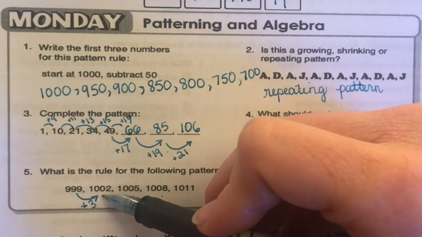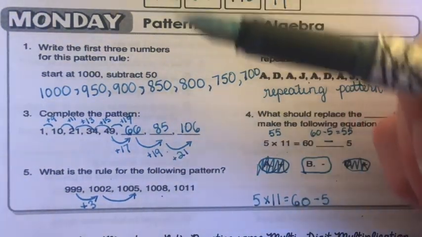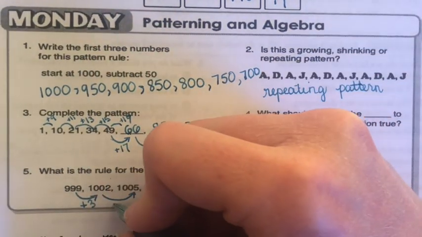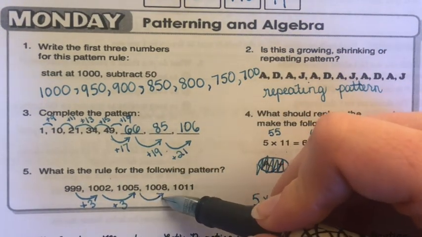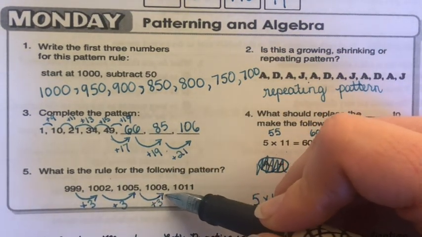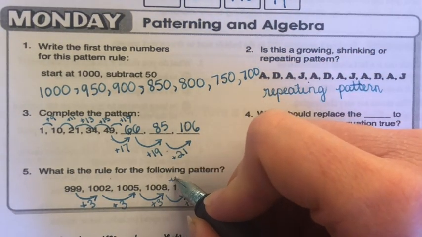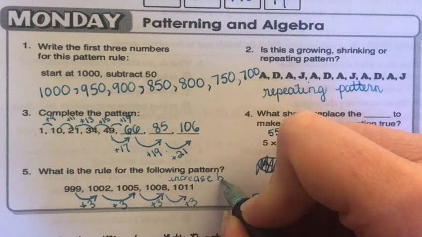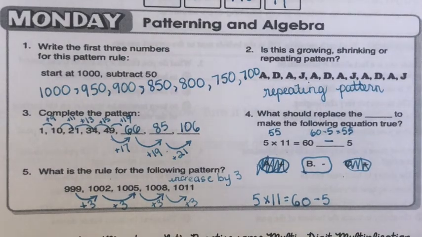Then I started at 1002 and I count up 1003, 1004, 1005. Oh, I see a pattern. I think it's increasing by 3. Let's just check, make sure. Yep, that's plus 3, and this is plus 3. So the pattern is increase by 3.